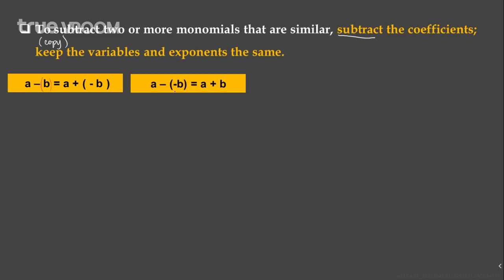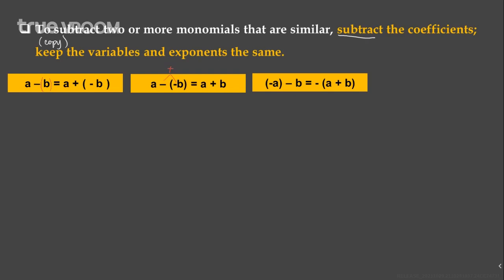Next, if the subtrahend, the second number, is negative, negative times negative is positive. So this will become A plus B. Next, if the first number is negative and the second number is positive, all you need to do is to put the negative sign outside and add the two numbers, A plus B. So your answer will still be negative, but you added the two numbers.